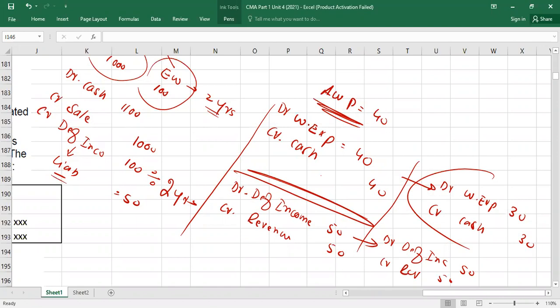Understood? Clear? Now let's do small examples to understand. When you do a question for assurance type warranty or service type warranty, you have to keep them separate. You have to keep both pieces of information in your mind.